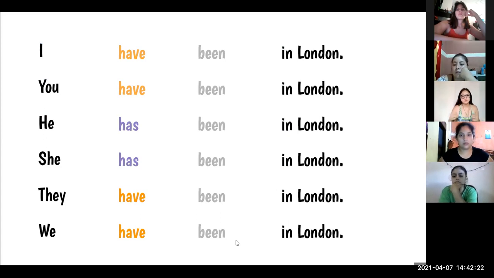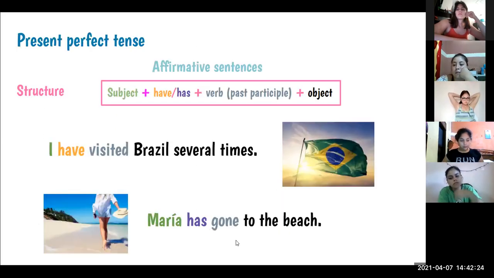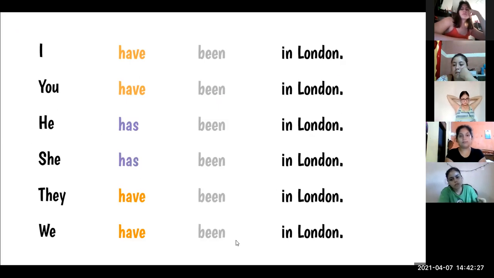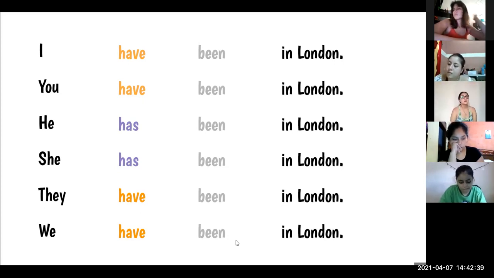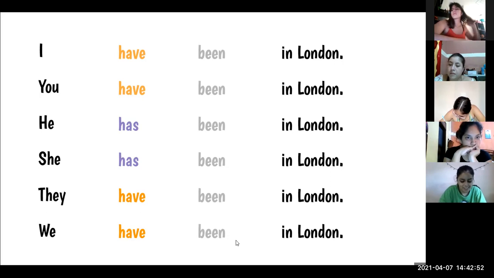Utilizamos gone, por ejemplo, aquí utilicé gone y aquí utilicé been. Utilizamos been cuando la persona fue y volvió. Por ejemplo, I have been to London: yo fui hace tiempo y volví a Bolivia. Pero si yo digo I have gone to London o she has gone to London, significa que la persona sigue allá, que no ha regresado. Gracias, teacher. Okay.